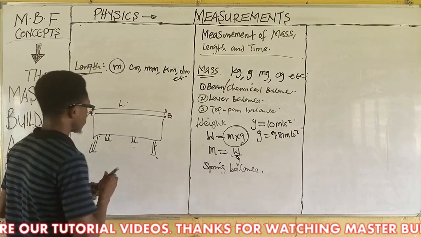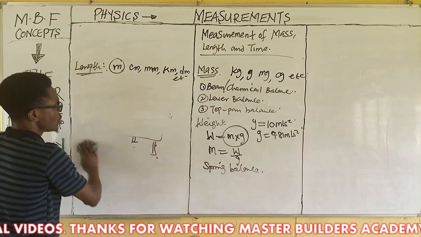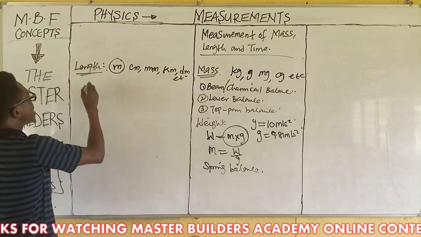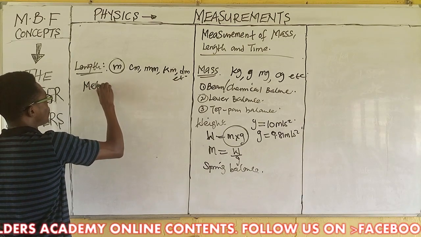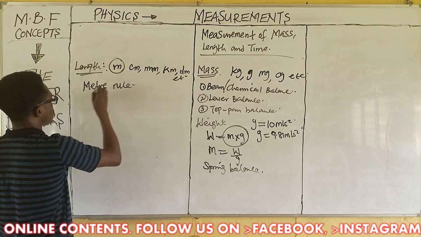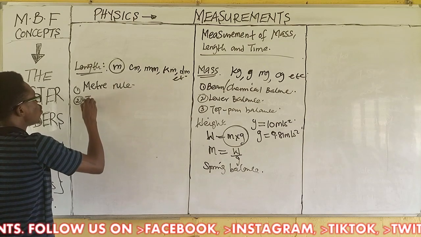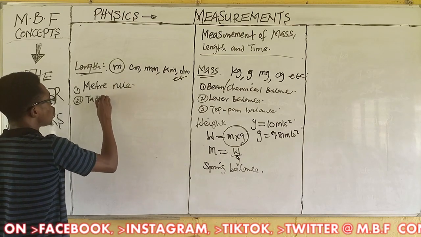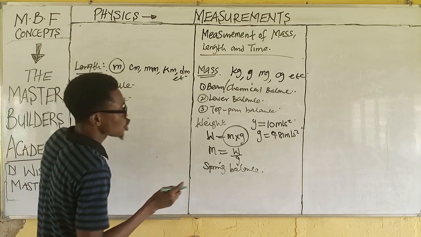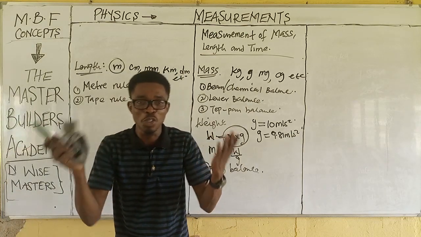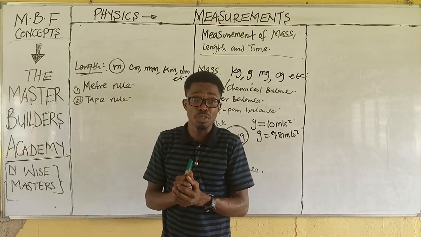Number one is the meter rule. Then two is the tape rule. Alright? If I thought you don't know the meter rule, you know the tape rule, the ones tailors use, right? Yes, the ones tailors use, you know that.